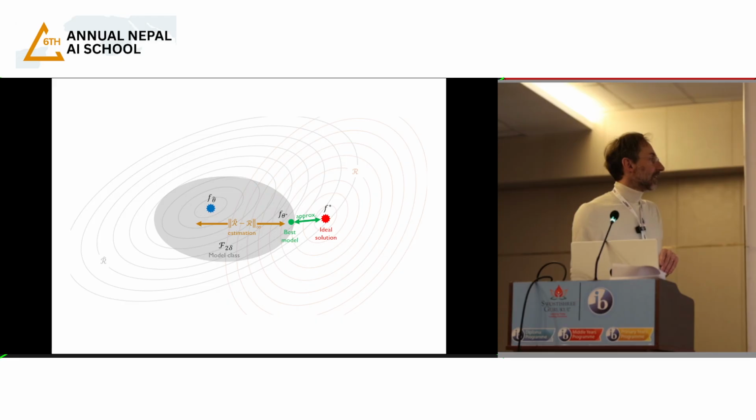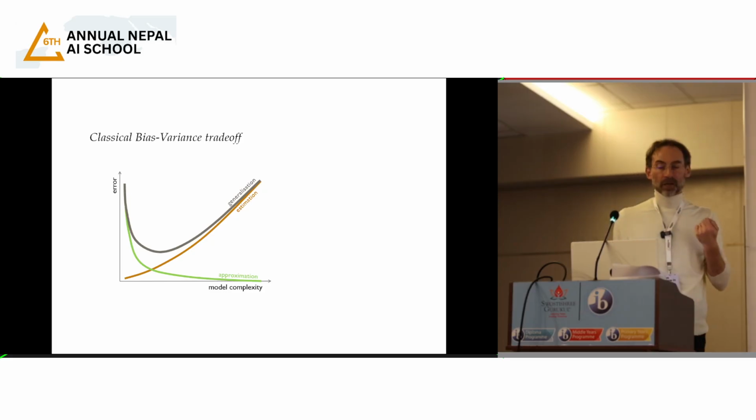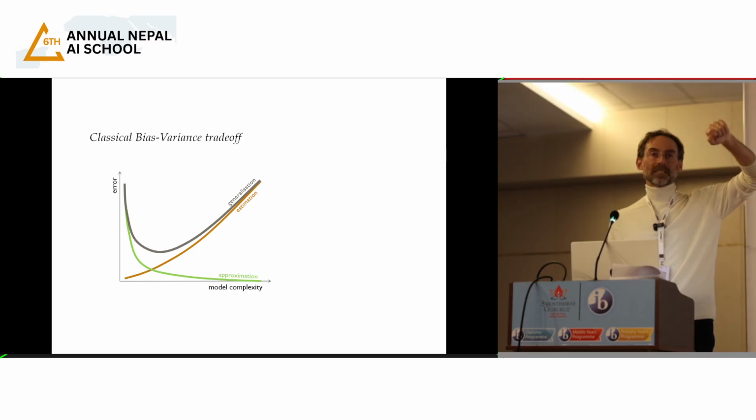If I increase the model complexity, I improve the approximation, but I usually harm the estimation. Because our error is bounded by a combination of both, I need to look at the sum of them. And the generalization, what we are interested in, behaves like this: it decreases first with the increase of the model capacity, and then it increases again.